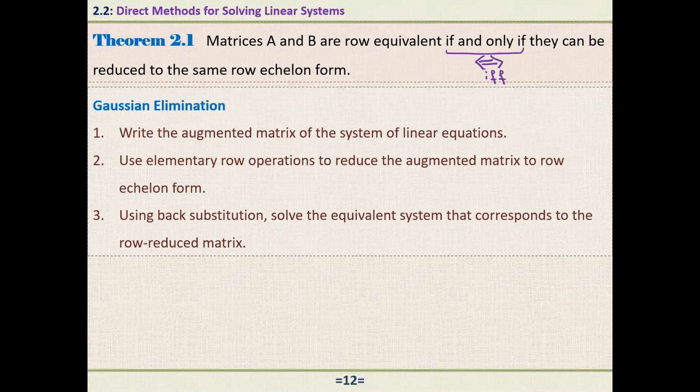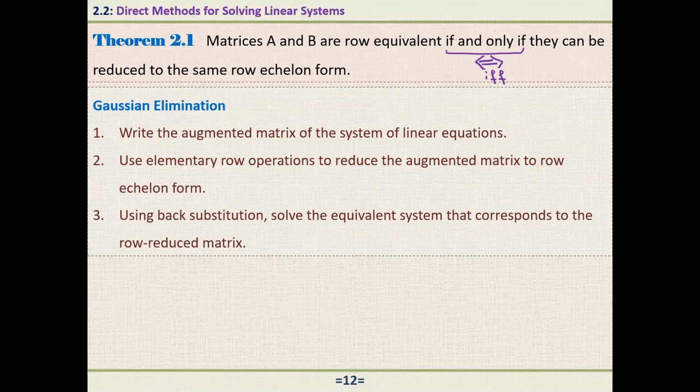Okay. Gaussian elimination. Maybe Gauss was the first to use this method or publish it in a paper. That's why it is credited to his name. And how do we solve a system of linear equations by Gaussian elimination?